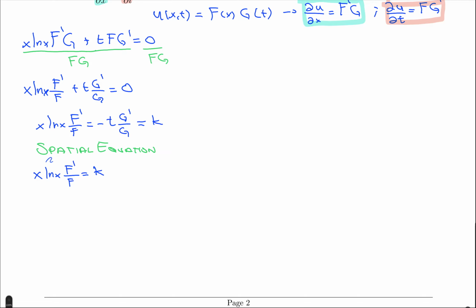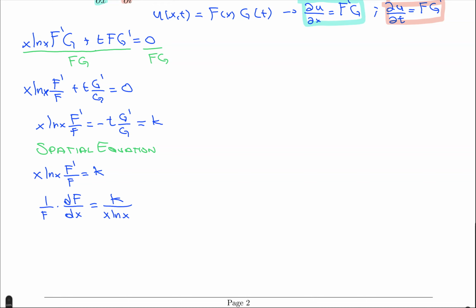I'm going to move all the x's to the right-hand side. That's going to leave us with this f in the denominator. This is the same as saying 1 over f, and this f prime is the same as saying df dx, again because f is a function of x. And this is equal to k over x ln x.